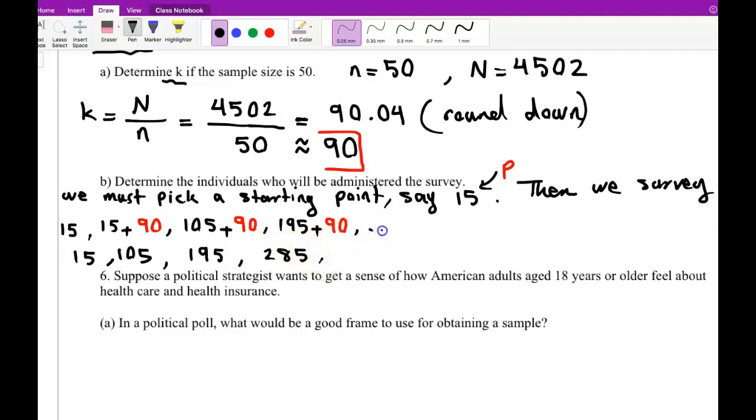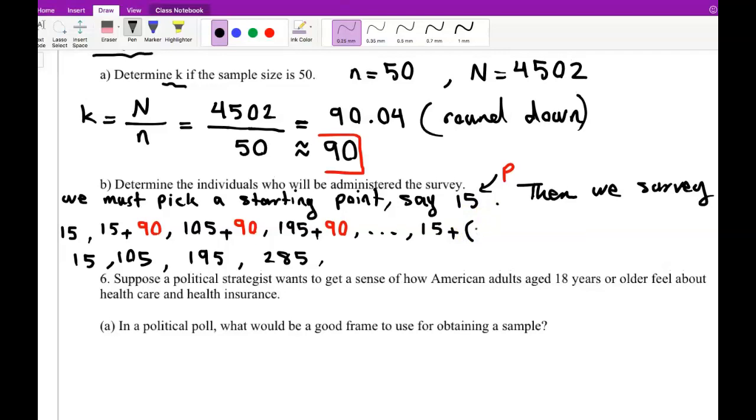So we continue like this, up to 15 plus n minus 1. Okay, let me show you that one.